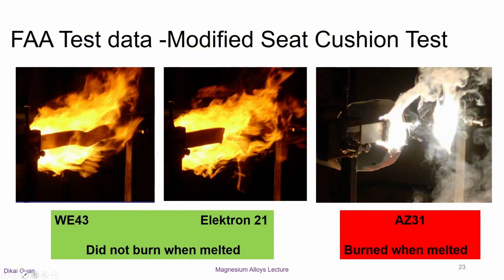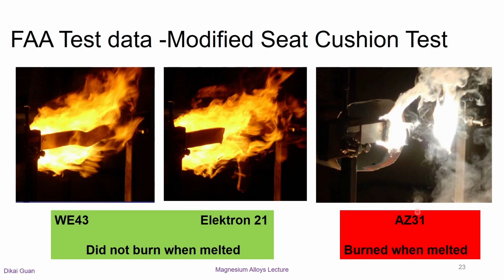The figure clearly shows WE43 and Elektron 21 did not burn when melted, while AZ31 burned when melted. WE43 and EV31 are the only two alloys that have passed extensive flammability tests conducted by the FAA, including 7 full-scale airplane interior tests.